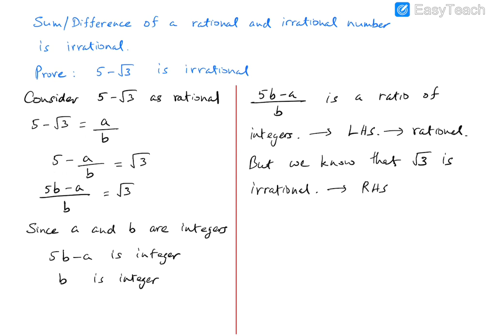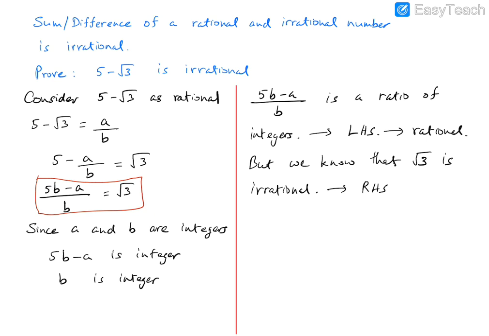The left hand side, (5b minus a) divided by b, is rational, but on the right hand side we have root 3, and we know already that the square root of any prime number is irrational. So we are getting the left hand side as rational and the right hand side as irrational.